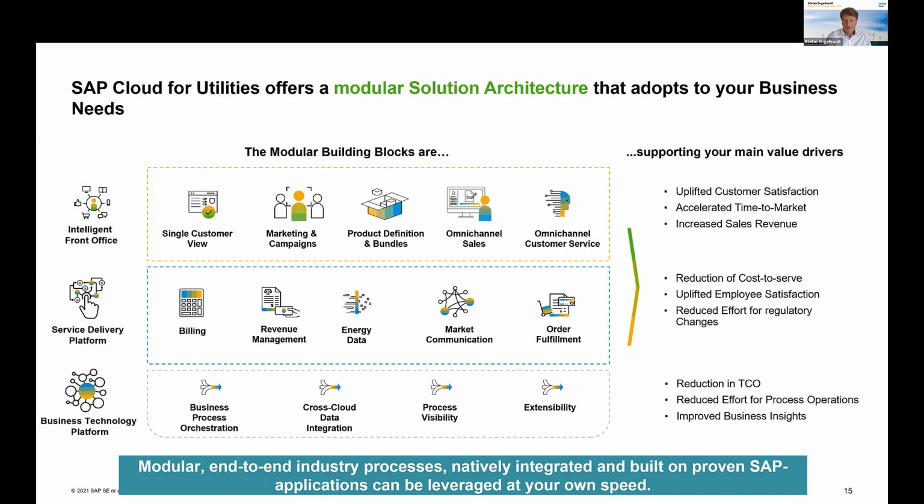So on top of that platform, we have service delivery modules that support more or less the backend features and processes: billing, revenue management, energy data management, for instance, provided by the Cloud for Energy, as Holger has shown, market communication, a very important topic for utilities in liberalized markets, as a service, or the fulfillment of orders.